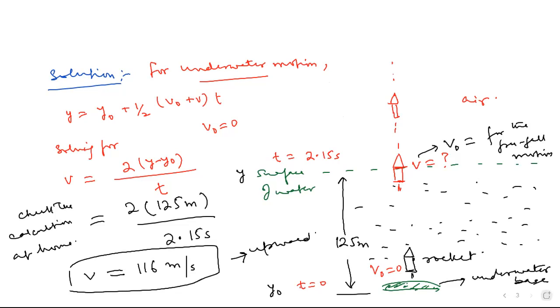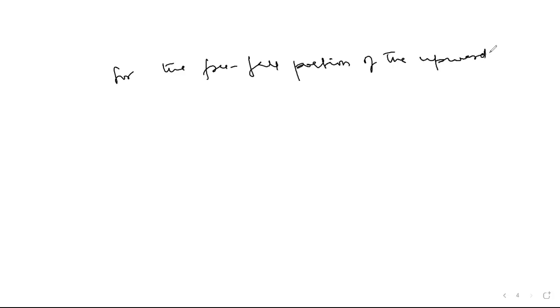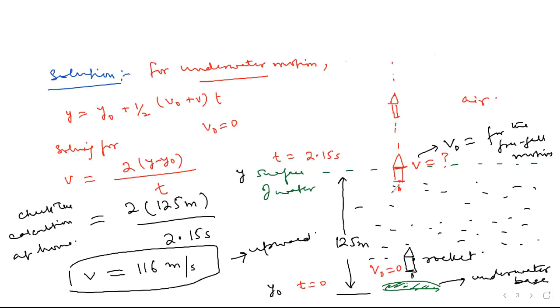So for the free fall portion of the upward motion, our v naught is 116 meters per second, which we have solved for the first portion, which was the final velocity in the first portion of the motion through water, right?